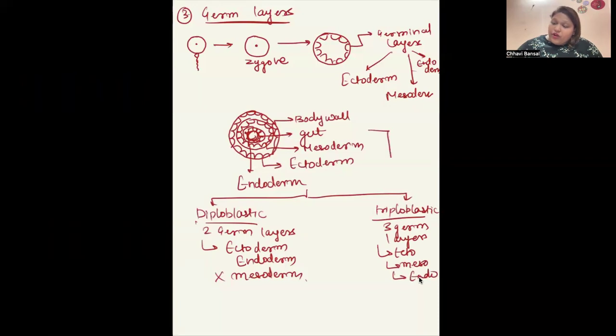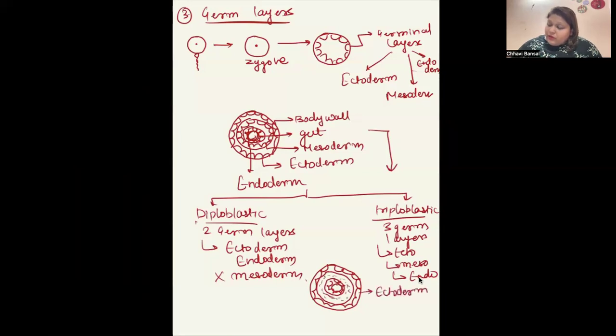So the one I have drawn here is an example of a triploblastic organism. Now, how is the diploblastic organism going to look? Similar, but it just has two layers. This is our ectoderm. This is our gut wall, endoderm. And in between ectoderm and endoderm, there is a mesoglea, which is made up of non-living material.